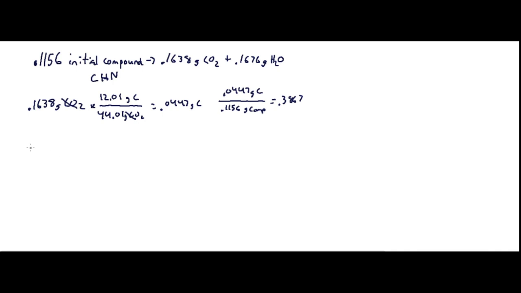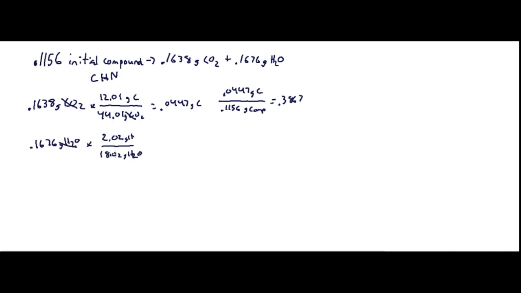Then we're going to do the same for the hydrogen. So we're going to take the mass of the water that was made, times that by the grams of hydrogen, it was 2.02, and divide that by molar mass of water, which was 18.02.